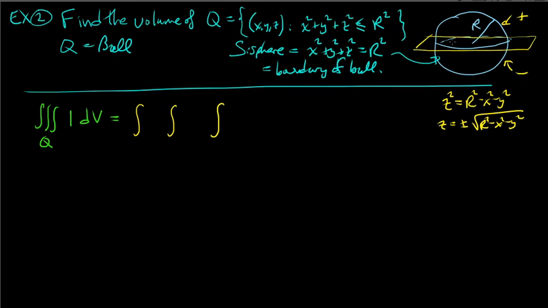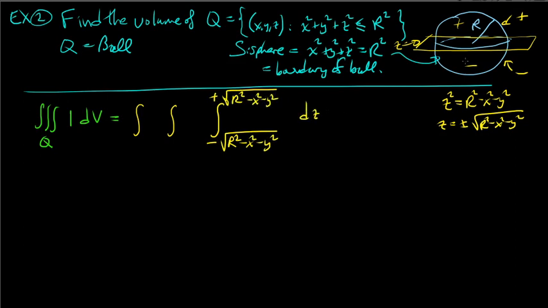At the equator, this is where it cuts off. The plane is z equals 0. When z is negative, you're below the xy plane, and when z is positive, you're above. So that's the lower surface, this is the upper surface, and that's dz.